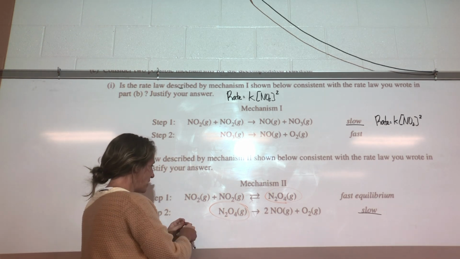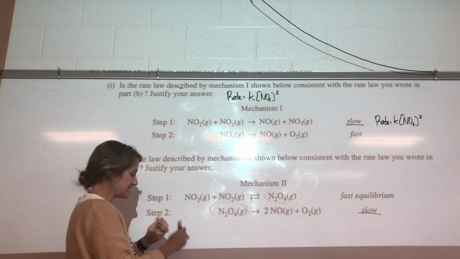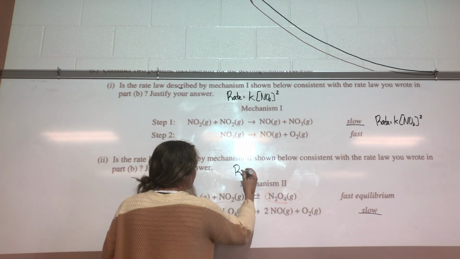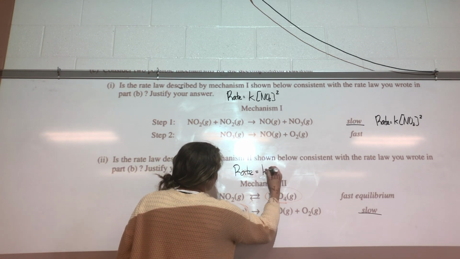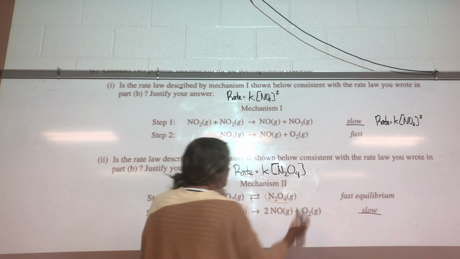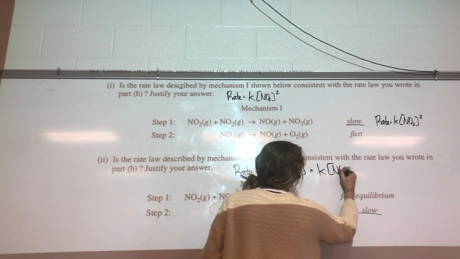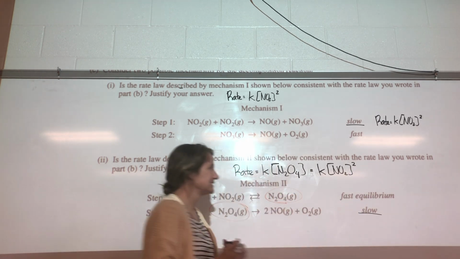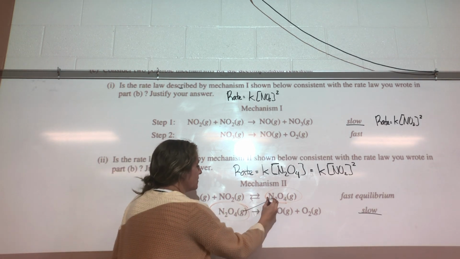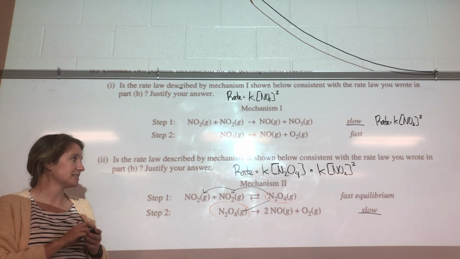Since this one equals two of those, it's a direct substitution, so that's why, yes, this mechanism also supports the rate law, because in a sense, the rate law would be this, which is going to be the same thing as this. So when the slow step is second, we have to do some substituting out of the intermediate to see what it's equal to.